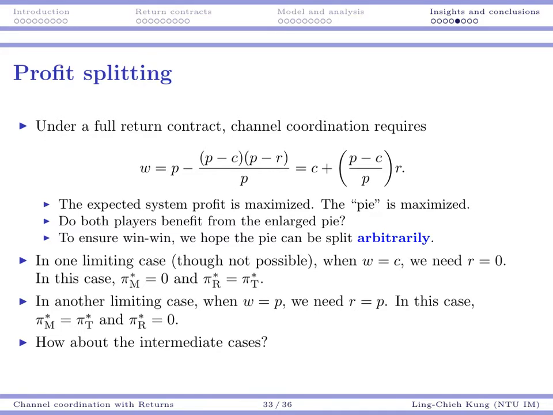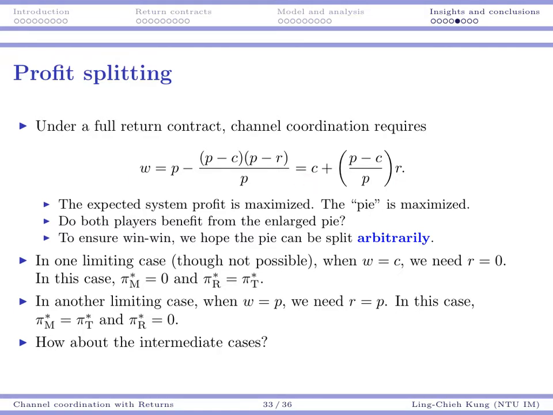To remind you, w is the wholesale price, r is the return credit, and here we can see w is just a linear function of r. So when r is small, w should be small. When r is large, w is large. Reasonable. And also we can see if r is 0, w is just c.